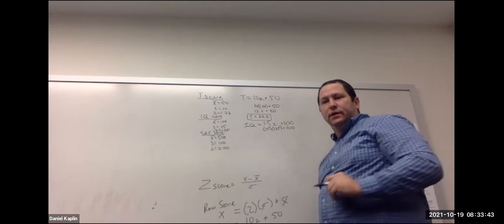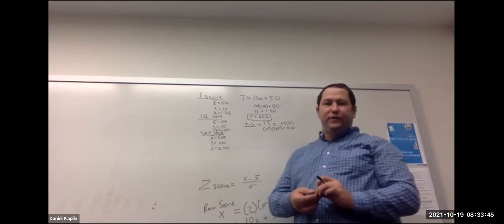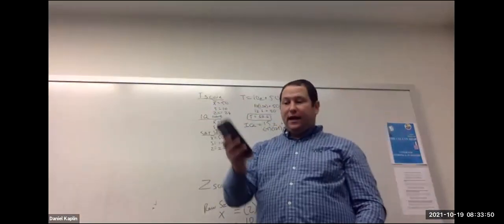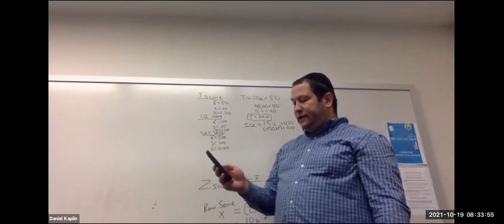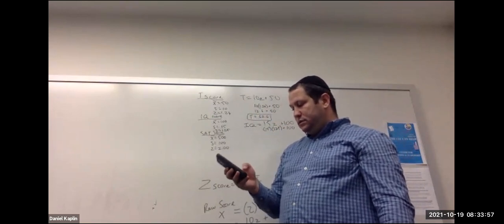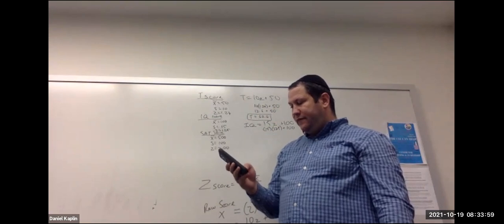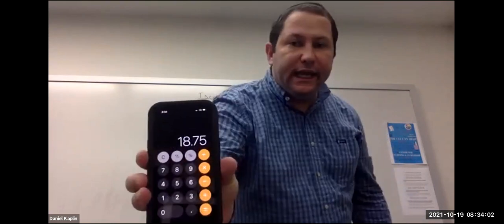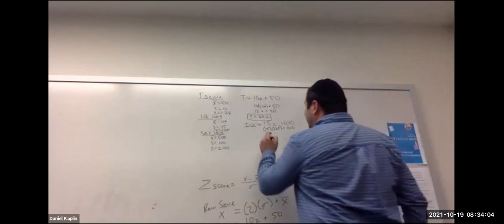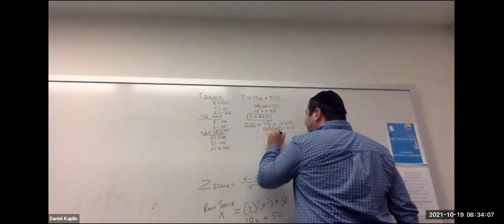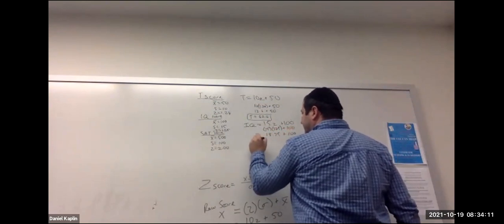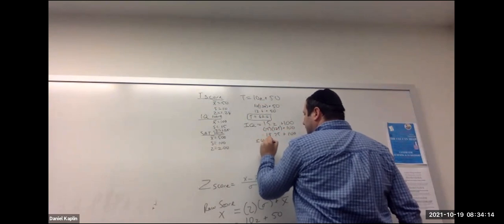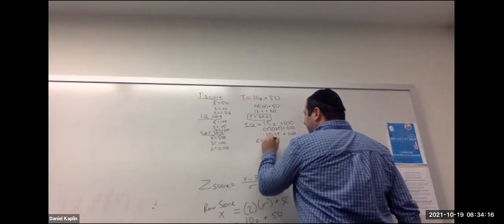What is 15 times 1.25? If you're not sure, go to your calculator, as we always do, and you do 15 times 1.25, and you're going to get 18.75. So 18.75 plus 100 gives us an IQ score of 118.75.